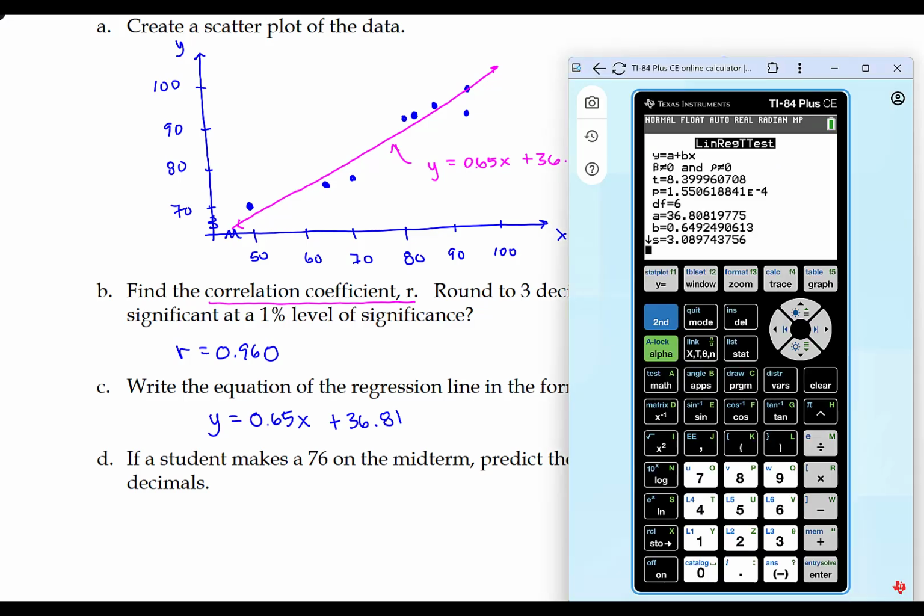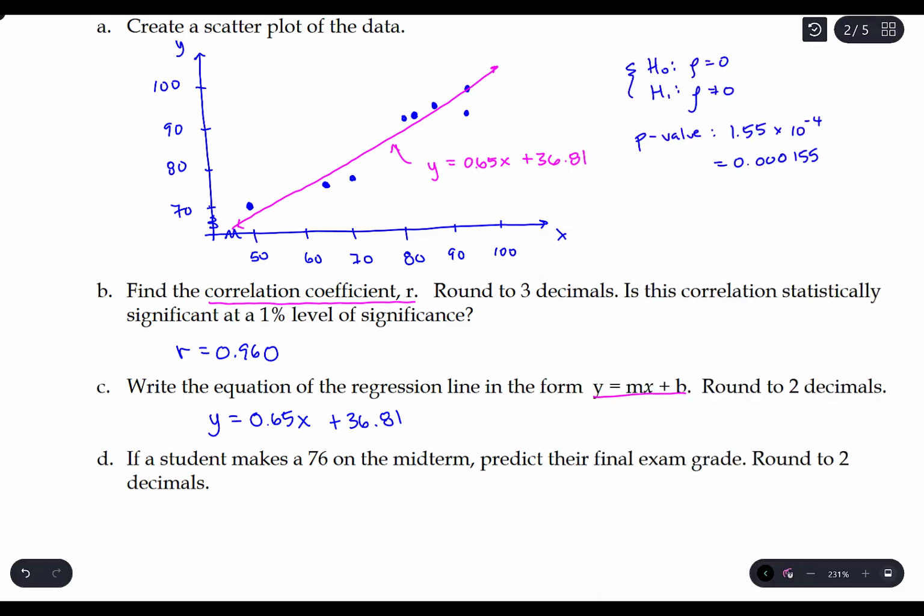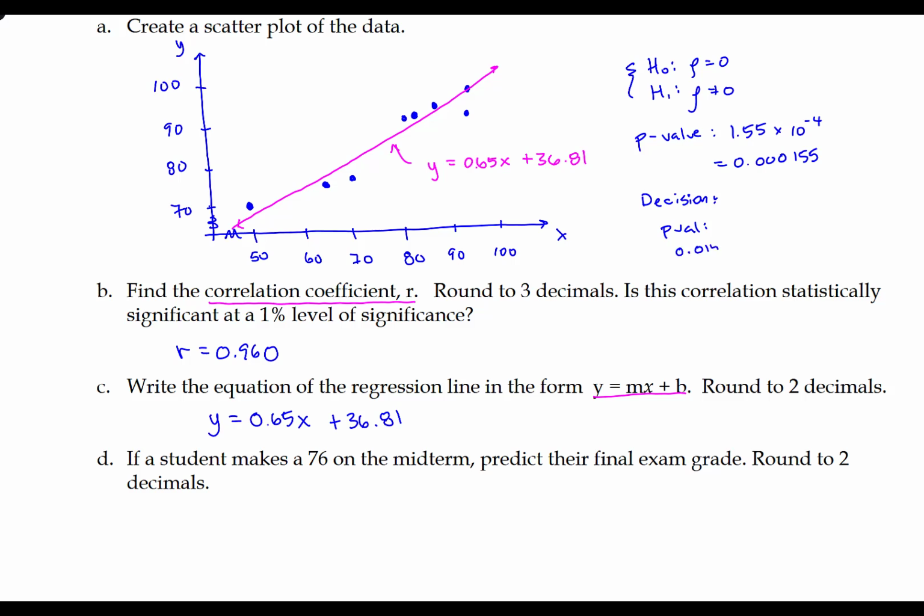Now, to do a hypothesis test, we have to take our p-value and compare it to our level of significance. So the p-value as a percentage is 0.0155%. The level of significance they want us to use is 1%. The p-value is much lower here, so we're definitely going to reject the null hypothesis.